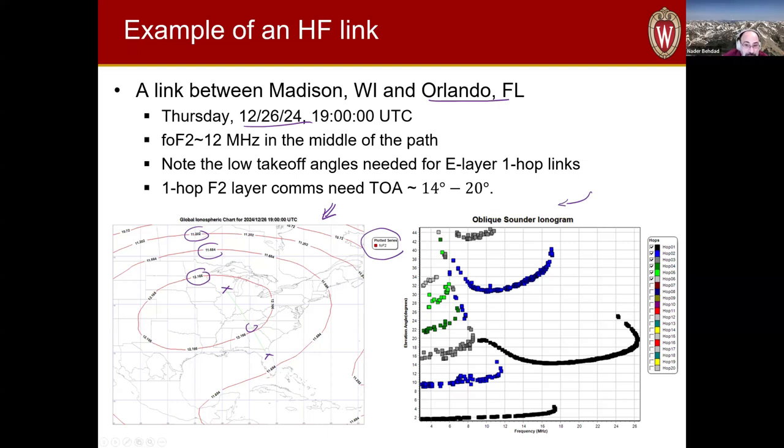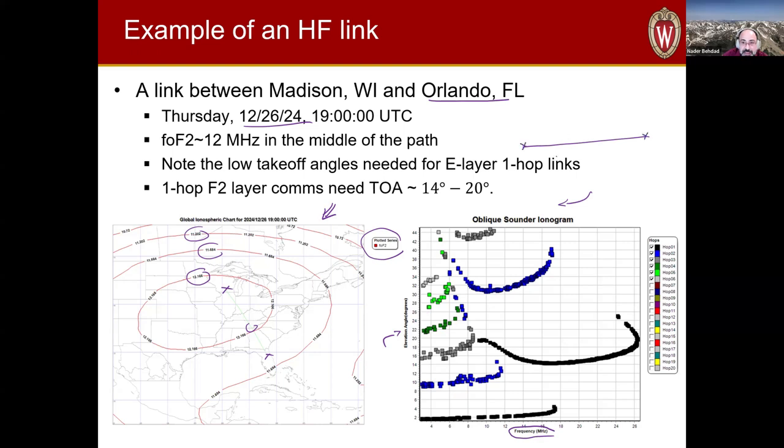So this is what we call an oblique sounder ionogram, and this is a simulation result. On the horizontal axis here, we have frequency in megahertz, and on the vertical axis, we have the elevation angle of the waves that are launched between the transmitter and the receiver.